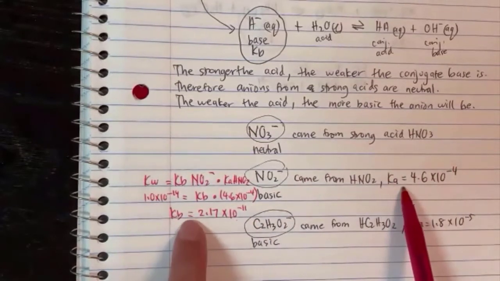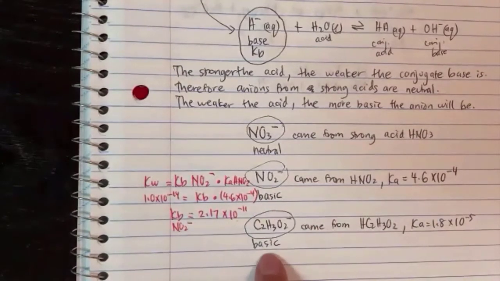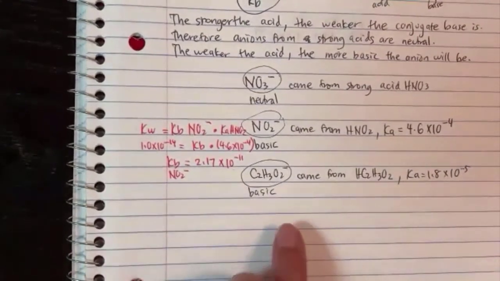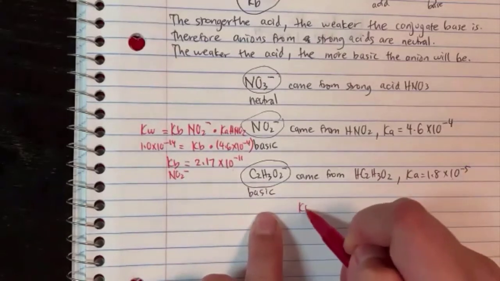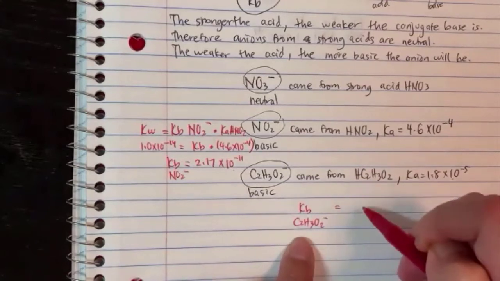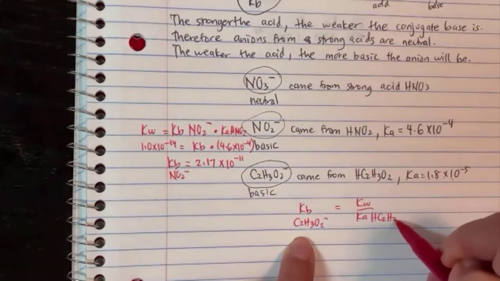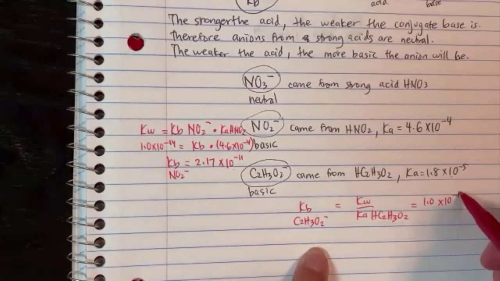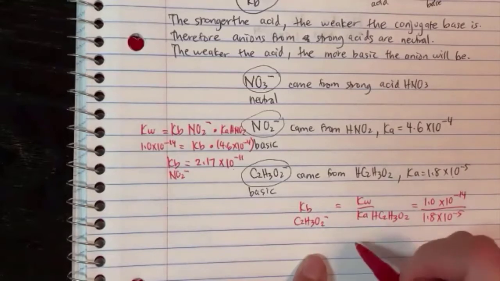If they give you the Ka, you can find the Kb for the anion. And you can do the same for this guy, okay? Let's try that one while we're at it. So if I know Ka, what's my Kb for this guy? Kb for C2H3O2 minus is literally Kw over Ka of HC2H3O2, which is 1.0 times 10 to the minus 14 divided by 1.8 times 10 to the minus 5.